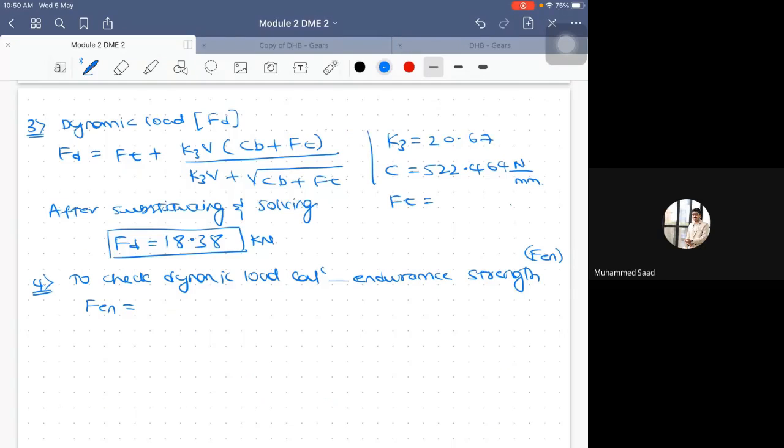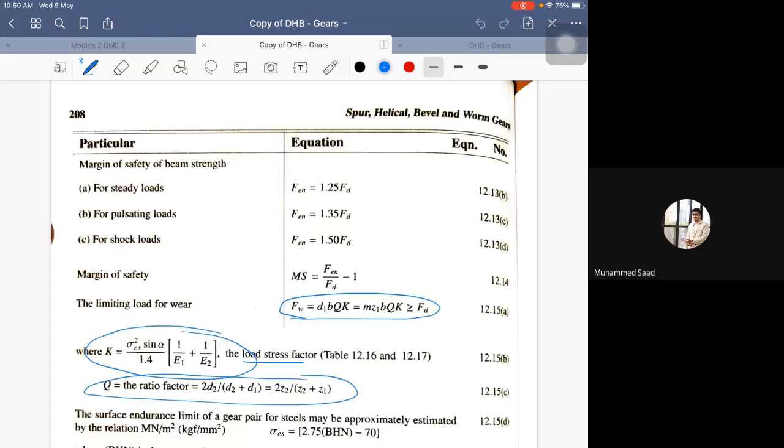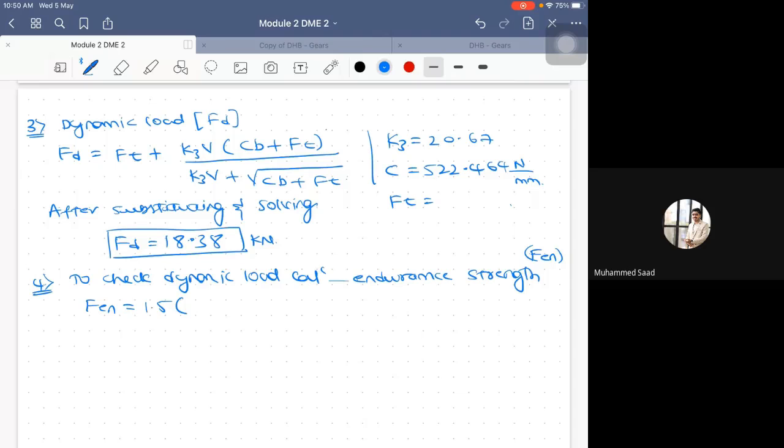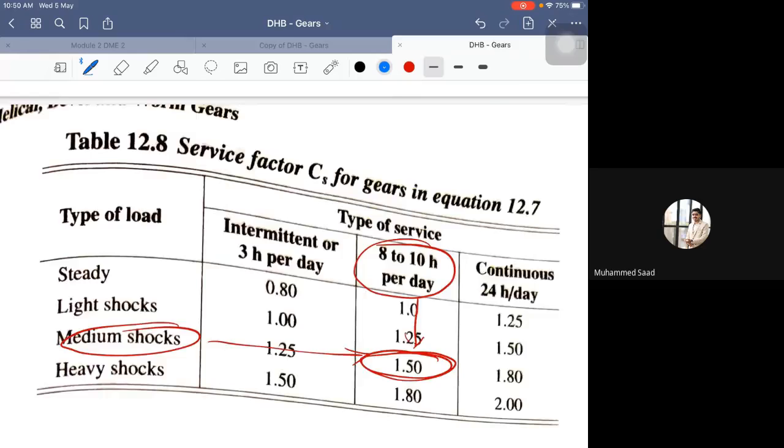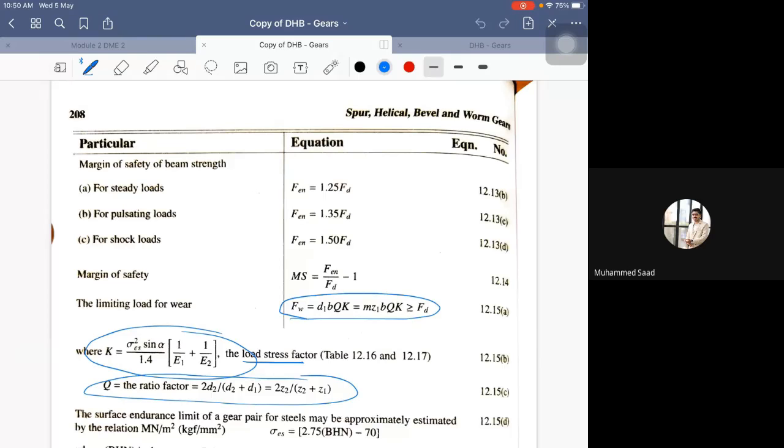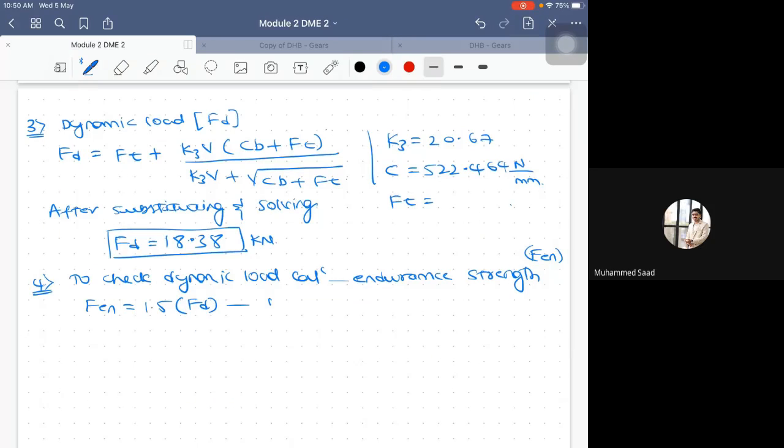So FEN is how much? 1.5 times FD. So just calculate it. You have taken this from 12.13D, page number 208. Definitely it will be greater than FD now. It is 1.5 times of 3.38 and the rest.